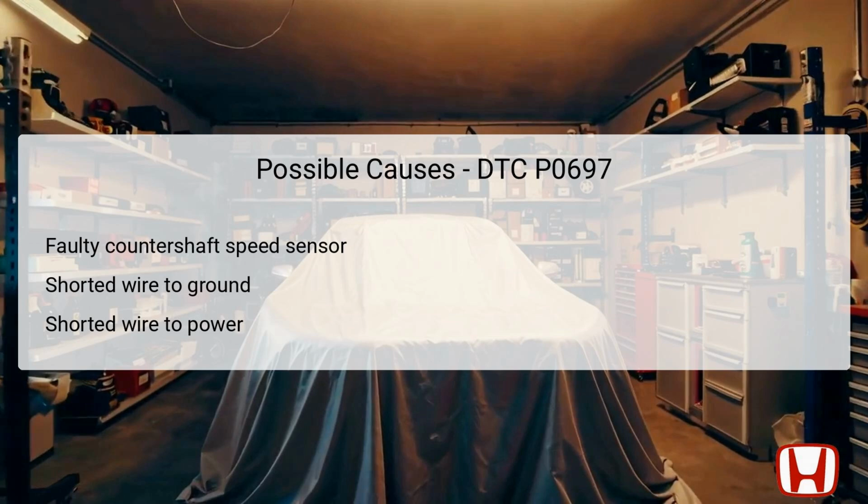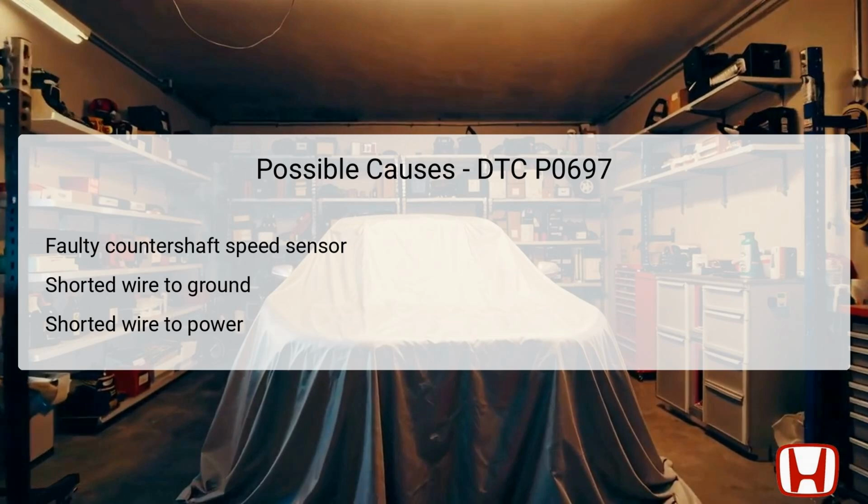Multiple factors may contribute to the occurrence of DTC P0697, each requiring careful investigation. First, a faulty countershaft speed sensor is a leading cause, indicative that the sensor may be damaged or malfunctioning, thereby failing to send accurate voltage levels to the TCM.